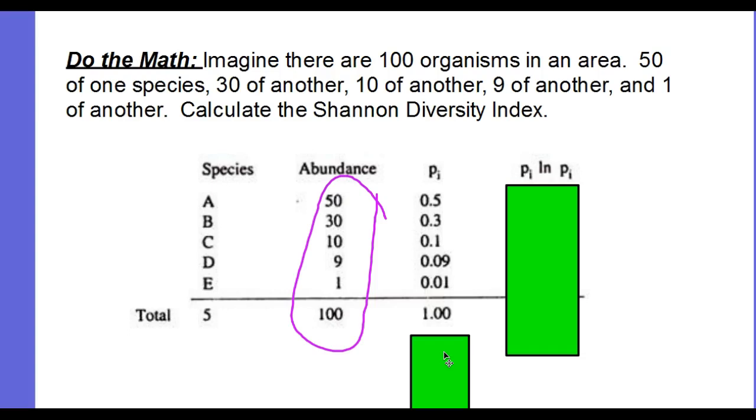Here's what I need you to type in. 0.5, natural log. You should have an ln on your calculator somewhere. And 0.5. That will give you the first answer there. And then you'll need to do that for all of the rest of them. 0.3, ln, 0.3. Yep, it'll be negative.